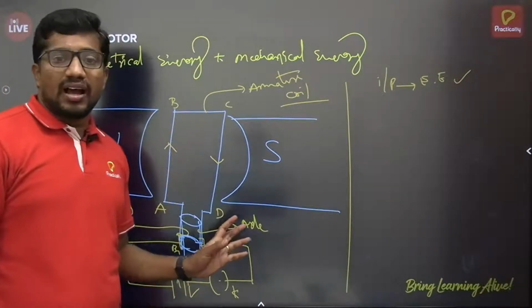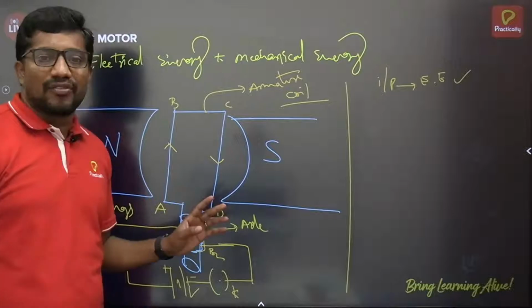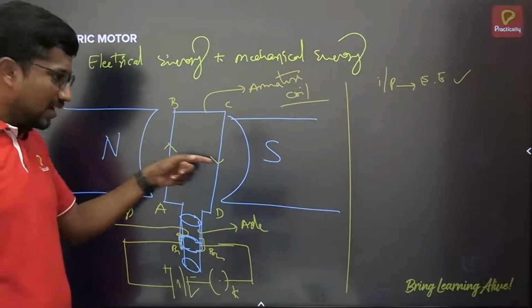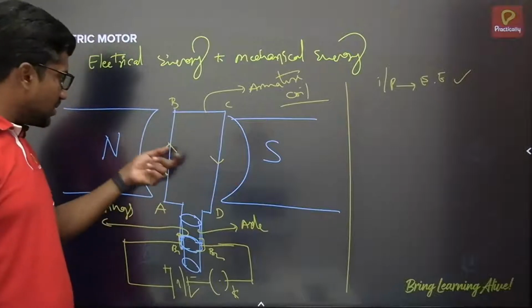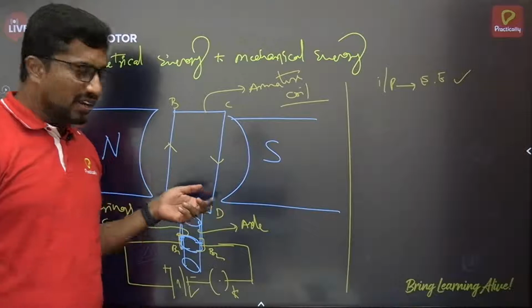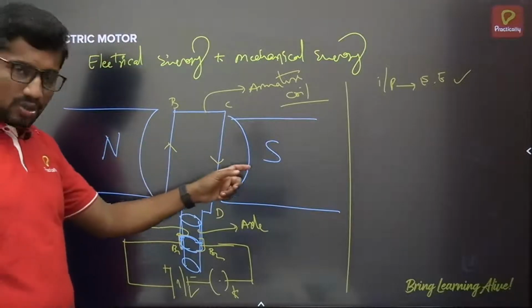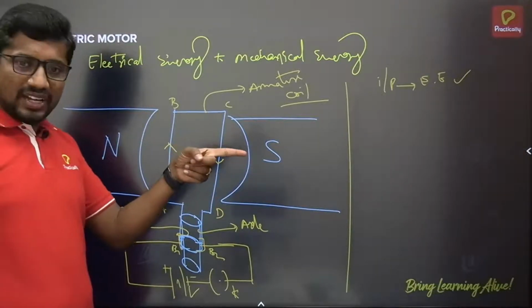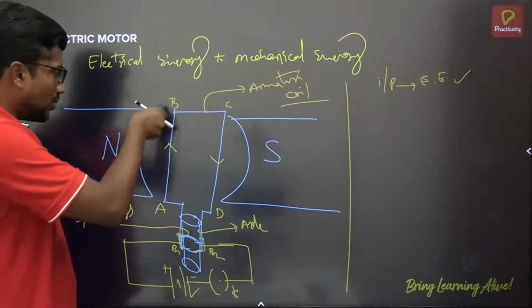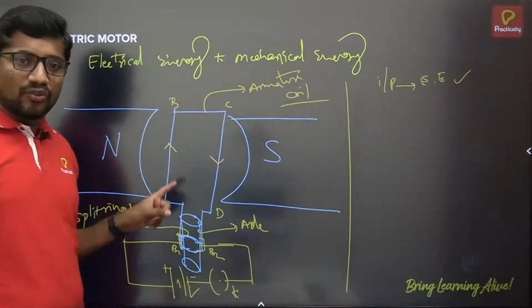Here the motion observation should be done very carefully. When this current is flowing and the magnetic field is developed here, this setup is already placed in the presence of a strong magnetic field. The direction of the magnetic field is from north to south. Point the index finger along the direction of north to south, and A to B is the direction of current flow through the coil.